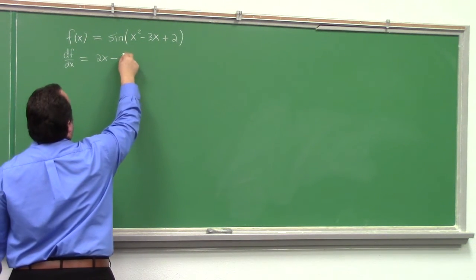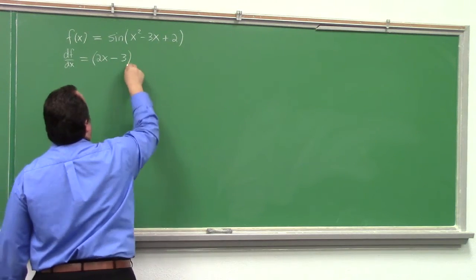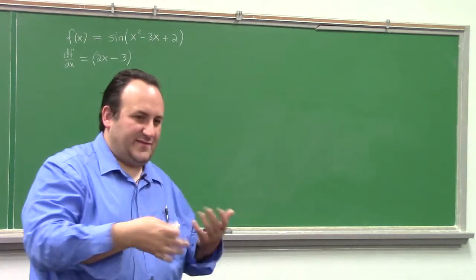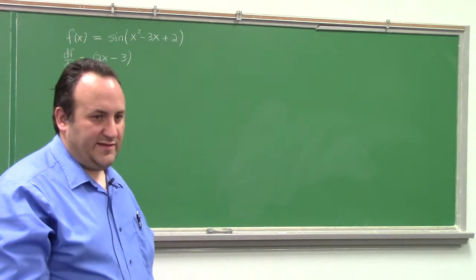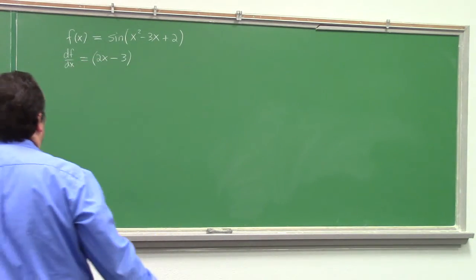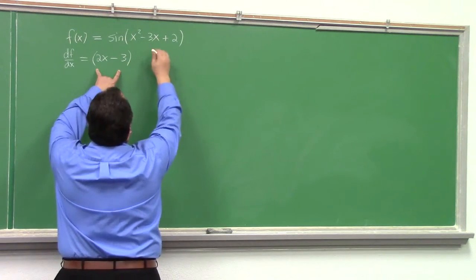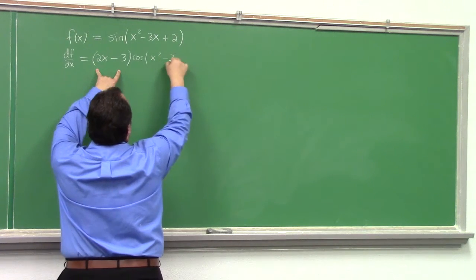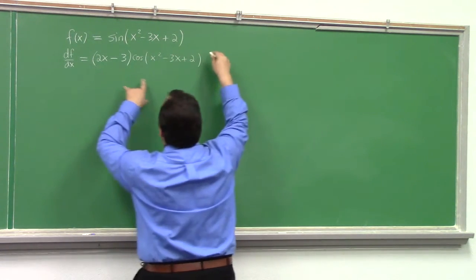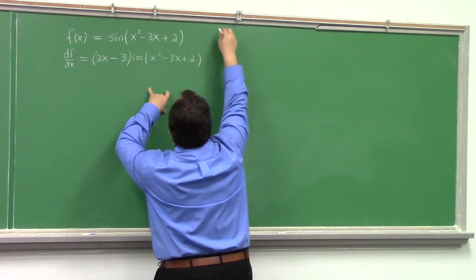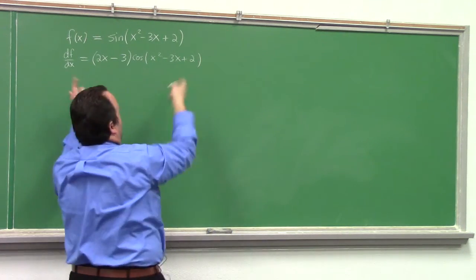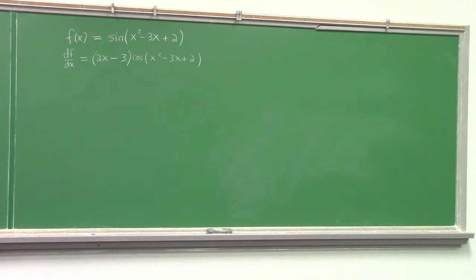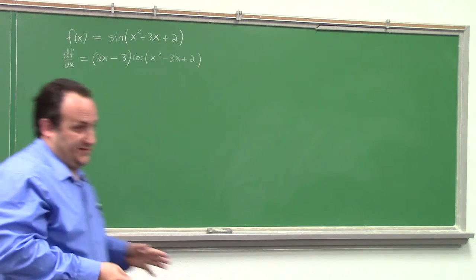I teach you guys the chain rule to write the du dx after, but in practice, just for the sake of formatting, it's often helpful to write the derivative of the inside function first, and then cosine of x squared minus 3x plus 2. You might write these in the opposite order, but whatever. Anyway, that's the derivative.